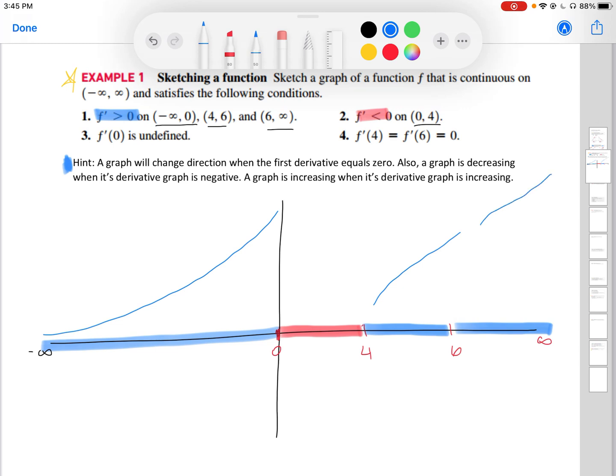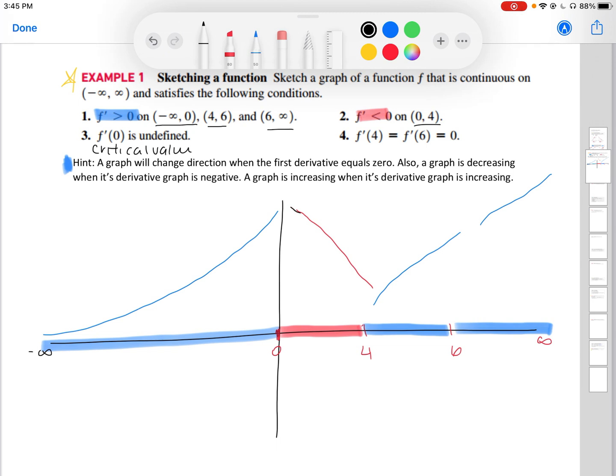Now, based on the second piece of information, we're told that it's decreasing from 0 to 4. At 0, f prime is undefined. So this would make this a critical point where it's neither a max or a min.